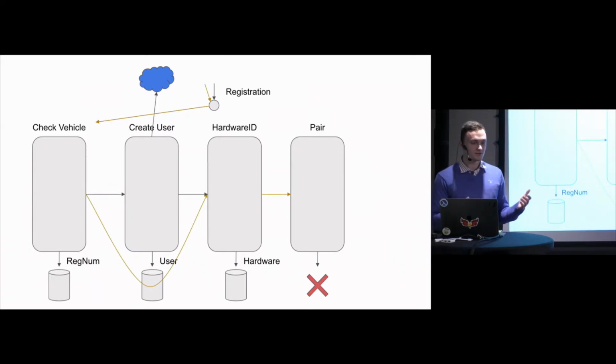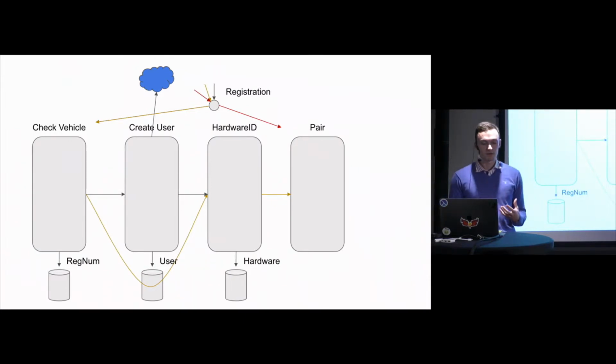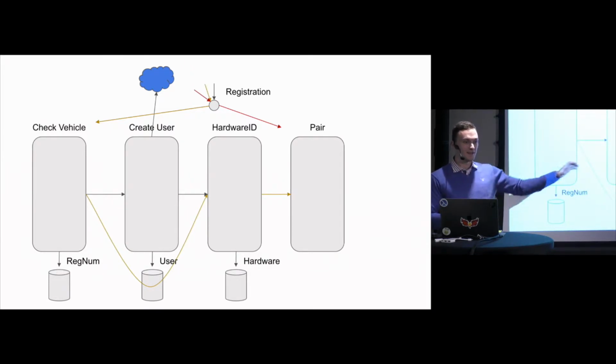For some reason he couldn't, or he forgot to insert the hardware in the car, or something like that. Then we need to return the user back to the pairing screen, and we are making the decision right there at the top, in some redirector for registration. One of the first problems was that we tried to make decisions not in a single place, but everywhere in the app, where we just can't do that.